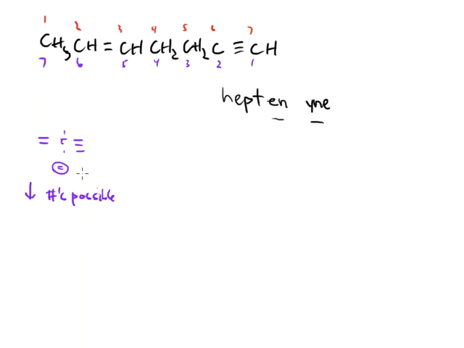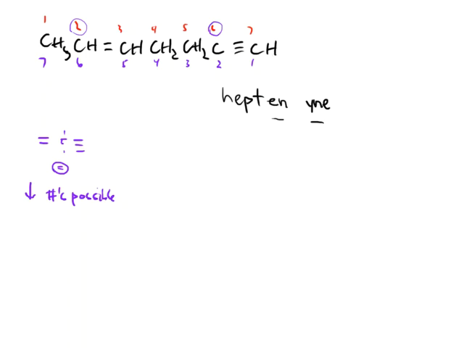I look at both of these at the same time, and then I tell myself, Tracy, which one is closest to the end? Because that's probably going to give me the lowest group number. If I go from left to right, I'm going to end up with a spot of number 2, because that's where the double bond would be, and a spot of 6, which is where the triple bond would be.